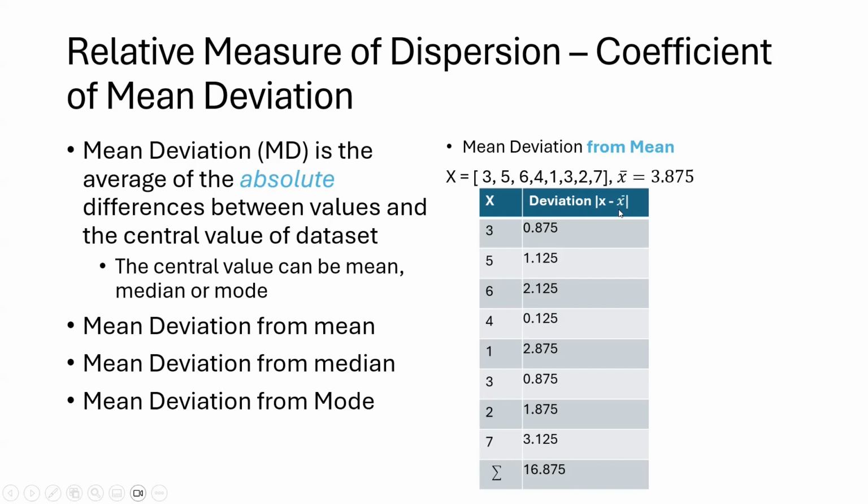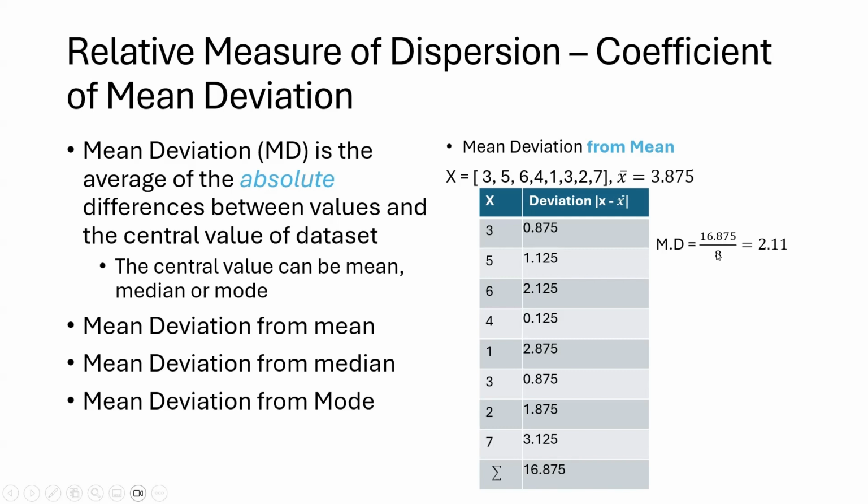Because if we do not ignore the sign and add all the deviations, for a symmetric distribution we will end up having zero. Here, because the absolute sign is applied, we get all the positive values: all the deviations from the mean.